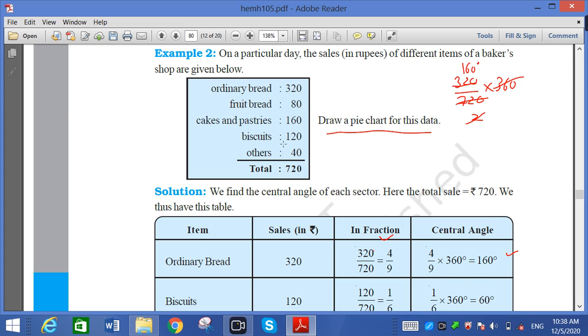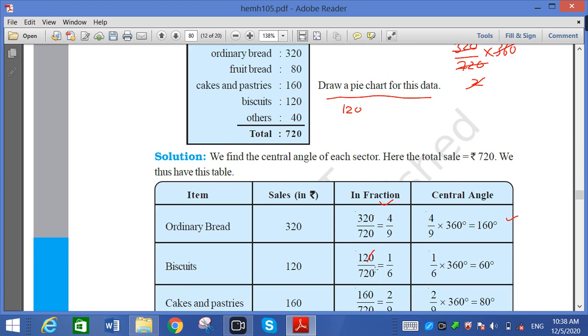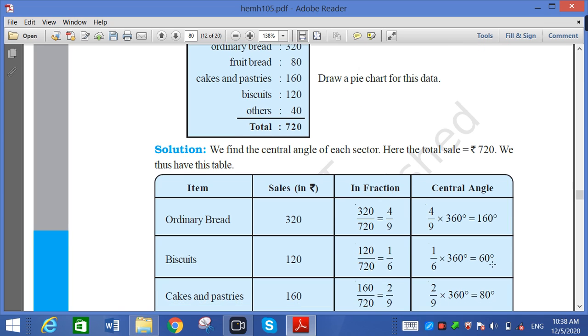Now second is biscuits, that is 120. Here biscuit is 120. You can do it a different way. 120 divided by 720, we can get 12 6s, so 1 by 6 and multiplied by 360, we get 60 degrees. So most important, I think this example is the best example for drawing the pie chart.